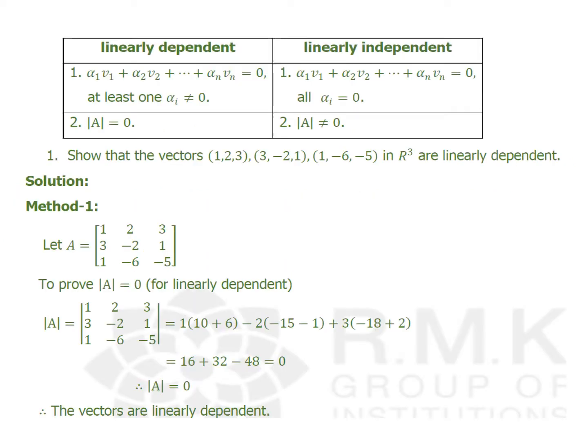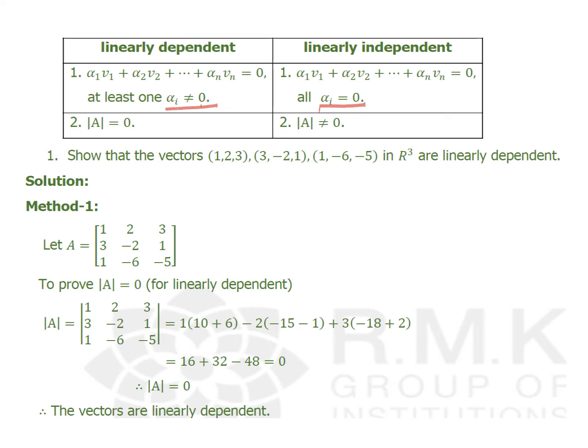In short, for dependence, the linear combination equals 0 and at least one alpha i should not be 0, whereas linearly independent means the linear combination equals 0 and all alpha i's have to be 0.